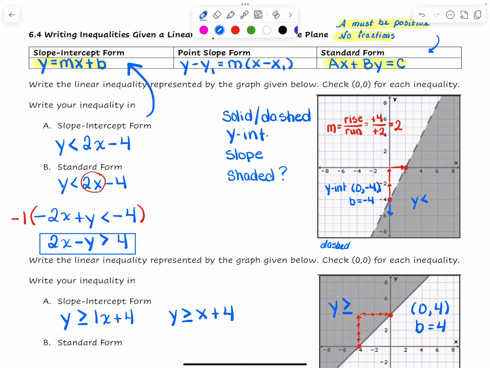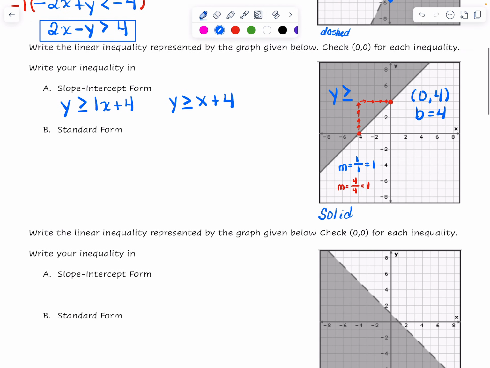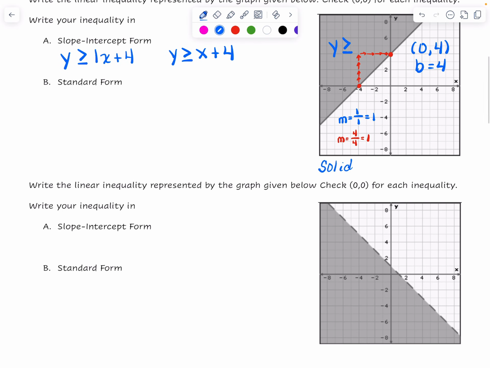Okay? All right, let's go do that second part for the second example here. So our equation is y is less than or equal to x plus 4. So I'm going to take this x and move it to the opposite side of the inequality. So I'll have negative x plus y is less than or equal to 4.